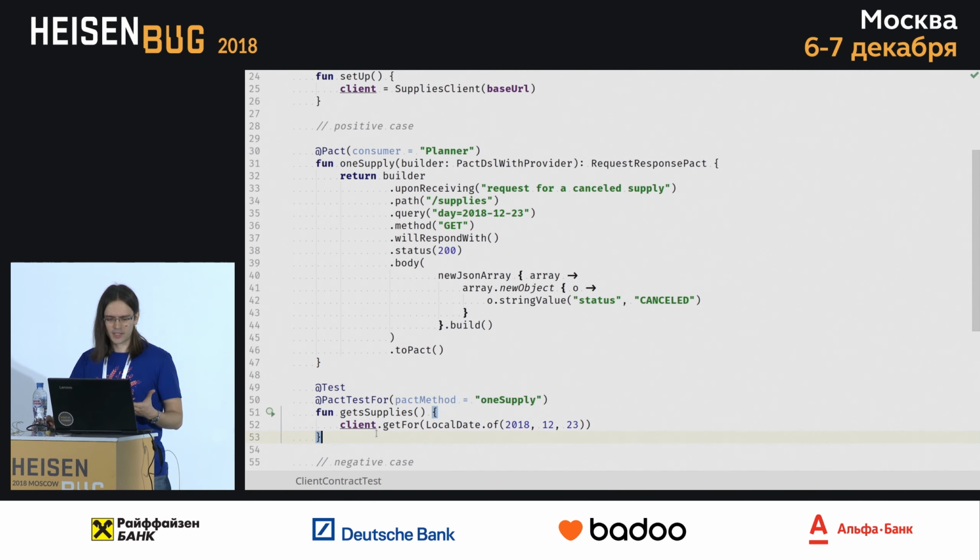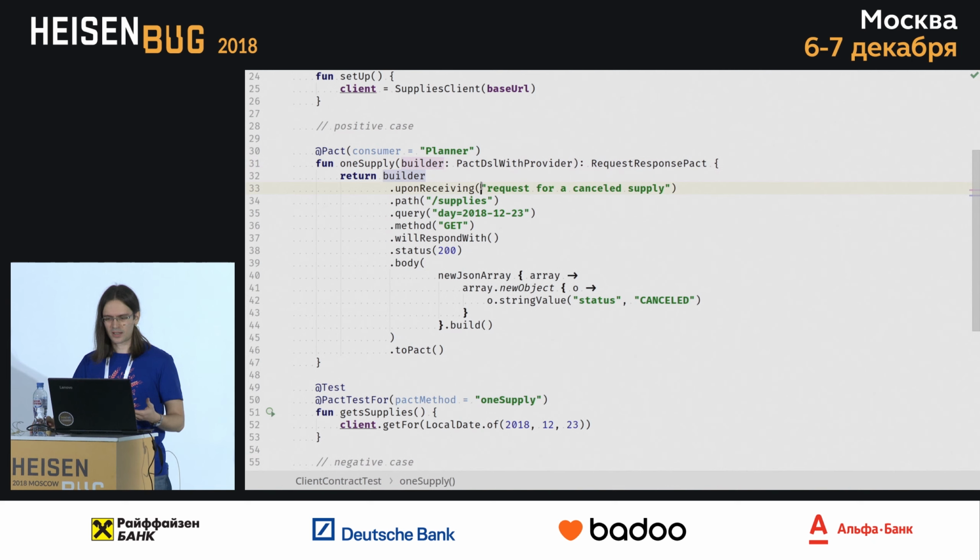In the case of Pact, each test case consists of two methods. I have an actual test method that does some action. Here I call my Kotlin code with some data. And then I have a second method that is connected, and this is the arrange part. So I configure this fake server, and the framework gives me a DSL.